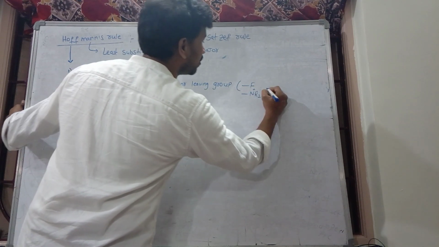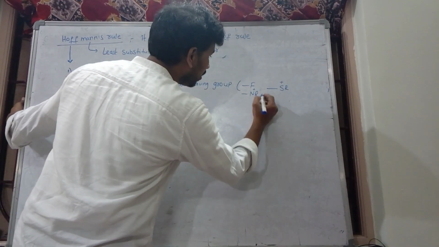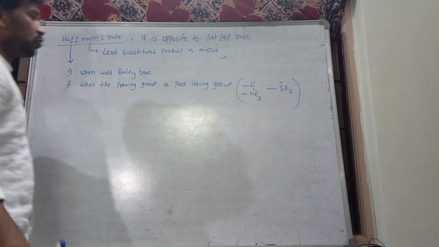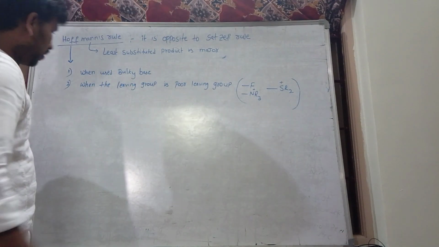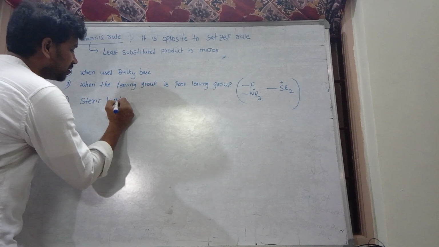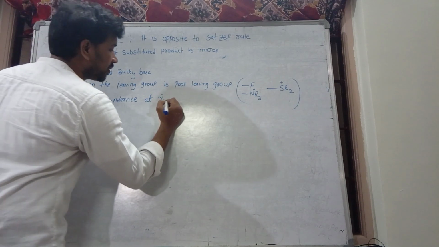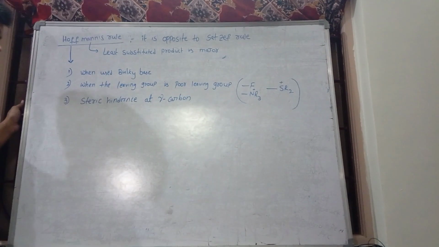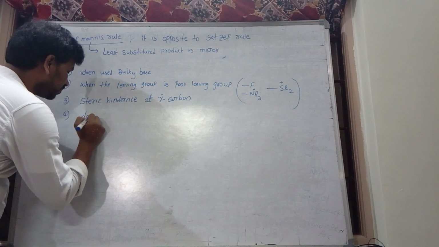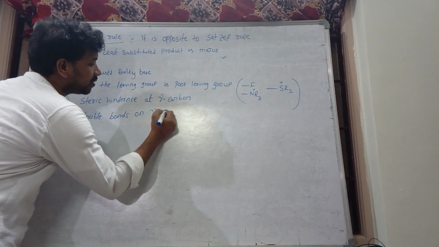Examples: fluorine, NR3 plus, SR2 plus. Or steric hindrance at gamma carbon, or double bonds on gamma carbon.